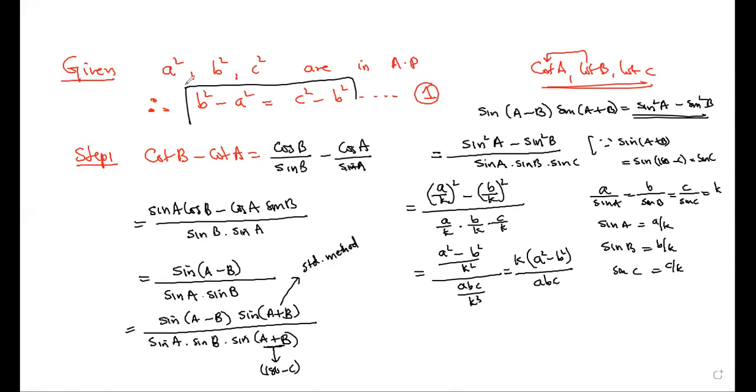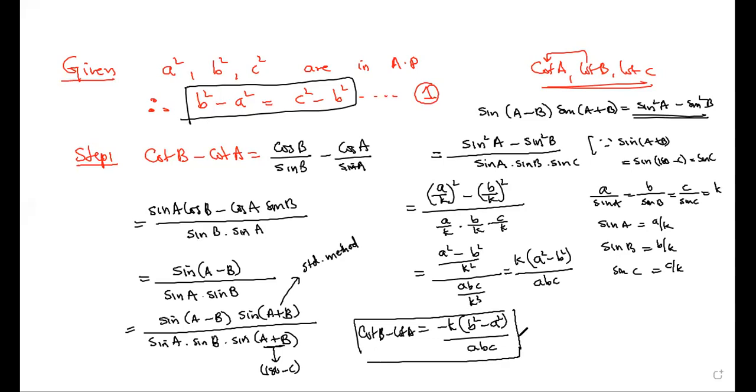Because I know it is b square minus a square, you take a minus sign outside. So that b square minus a square. So this is the formula for cot B minus cot A. Understood that much?